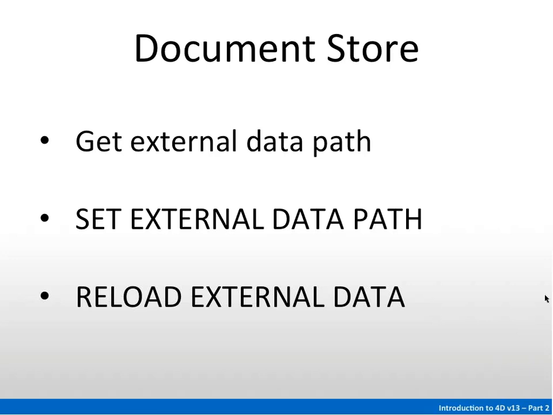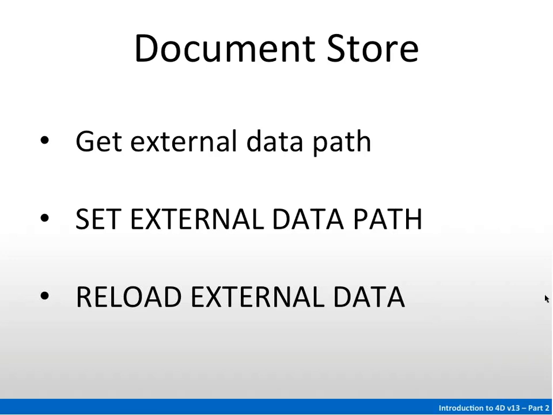The last one there is reload external data. This is a situation where we had to be a little bit pragmatic. What this means is, if you change one of those objects on the disk outside the scope of 4D, you need to let 4D know that you changed it. Why didn't we just make it automatic? Think about a situation where you have 4 gigabytes of pictures on the drive.